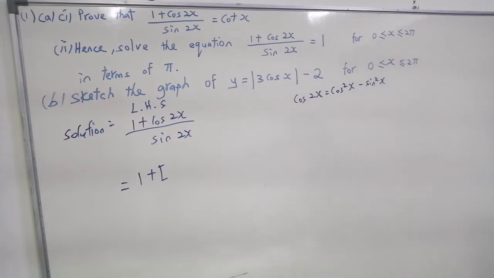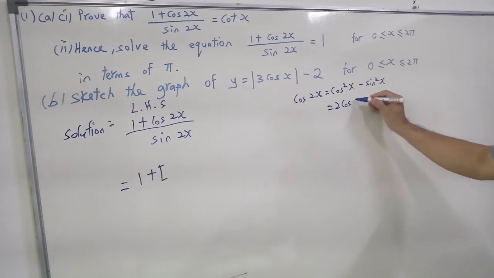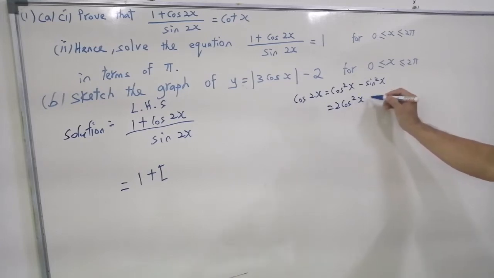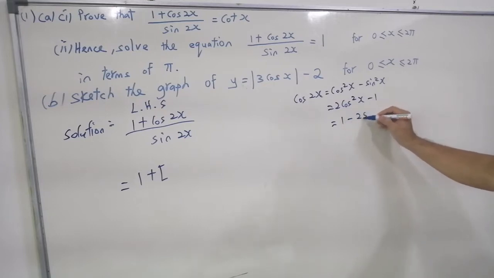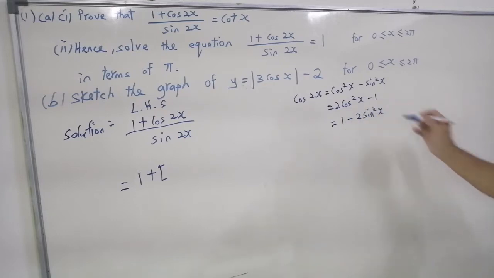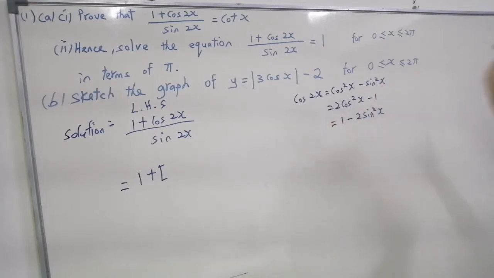The second formula is 2 cos square x minus 1. The third formula is 1 minus 2 sin square x. So which formula do I need to substitute here so that I can simplify it easily?